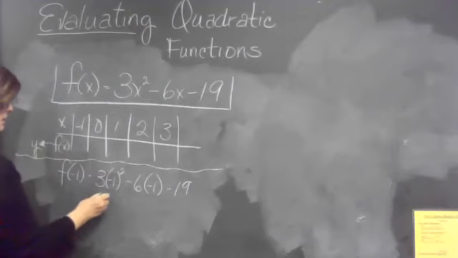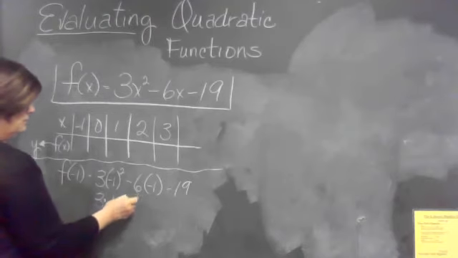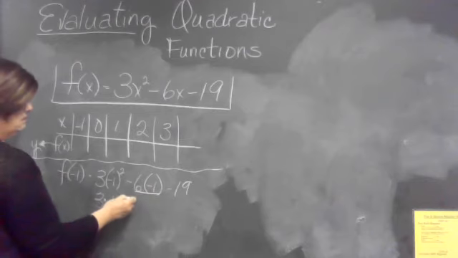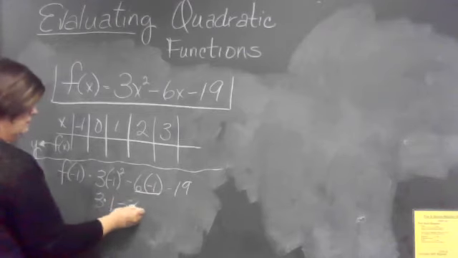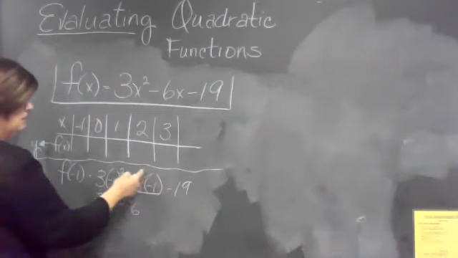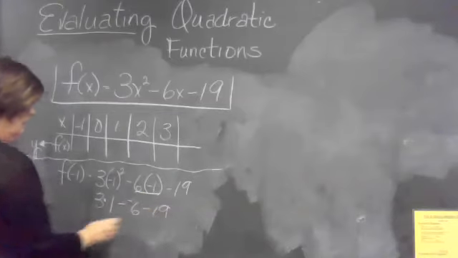So I have 3 times a +1, -1 times -1, minus a -6. Do y'all see? The minus is here. This comes out -6 minus 19.